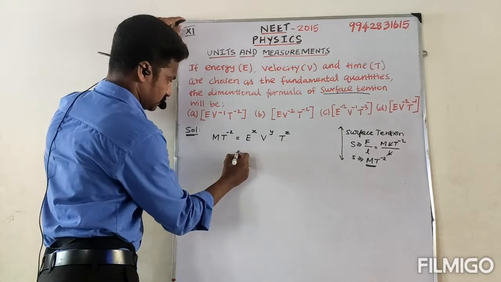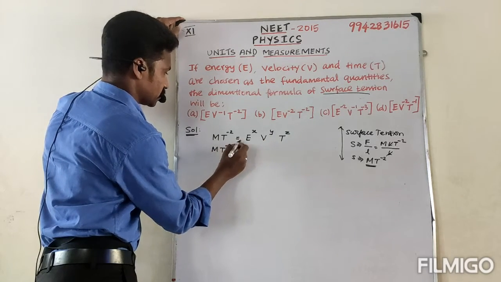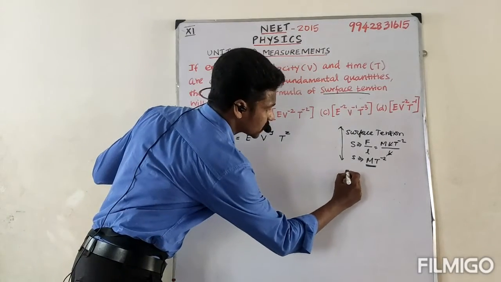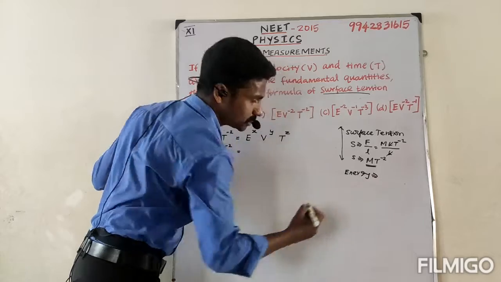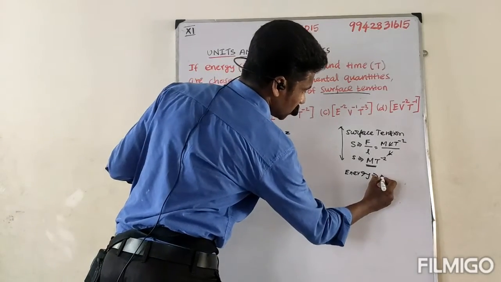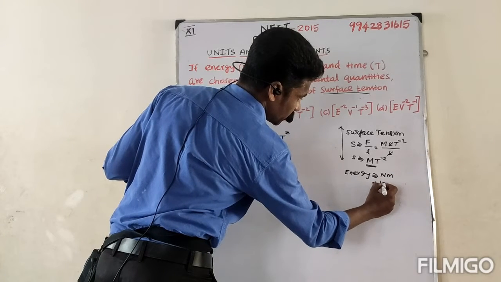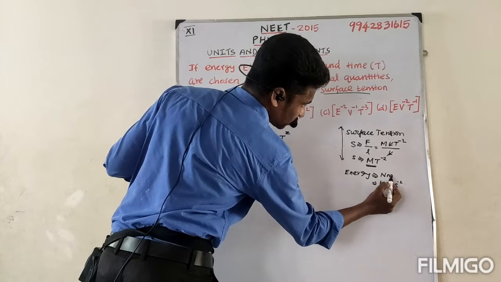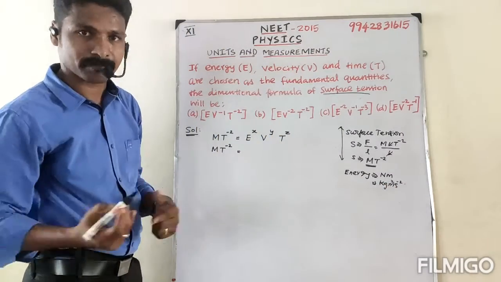Now let's discuss one by one. First the energy, with the left side as usual MT^-2. The energy unit is Newton meter, or joule. Newton is kilogram meter per second square, and with one more meter it is kilogram meter square per second square.